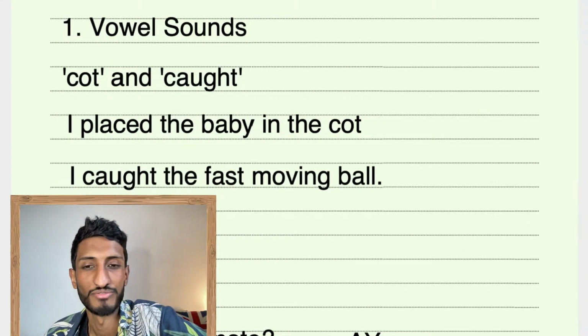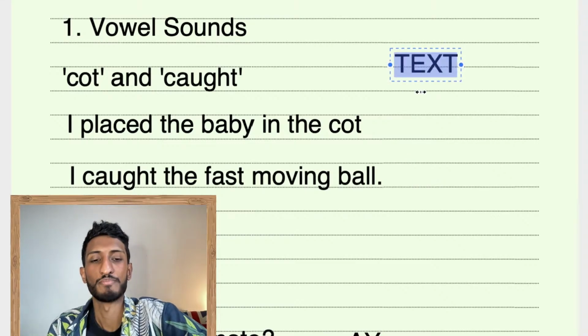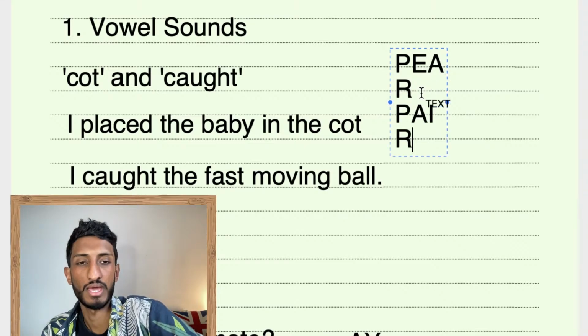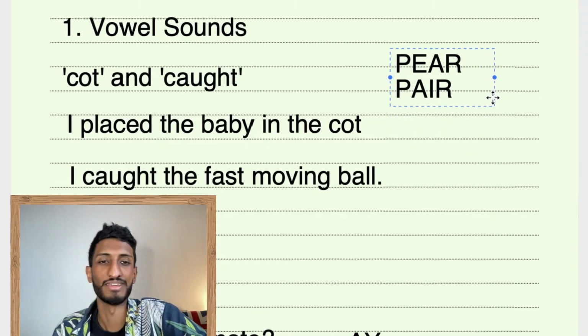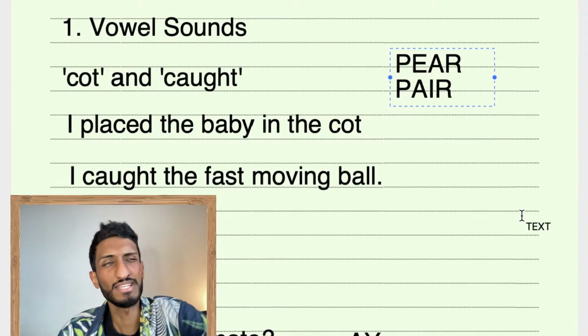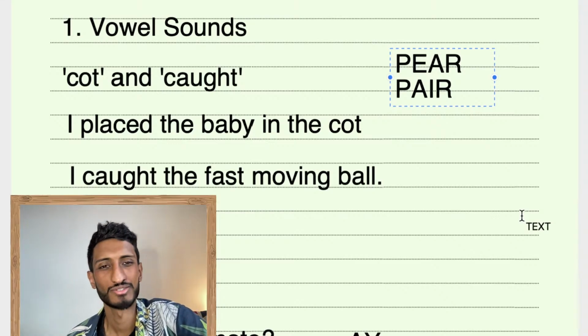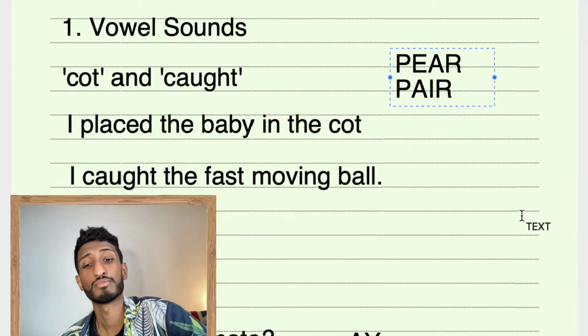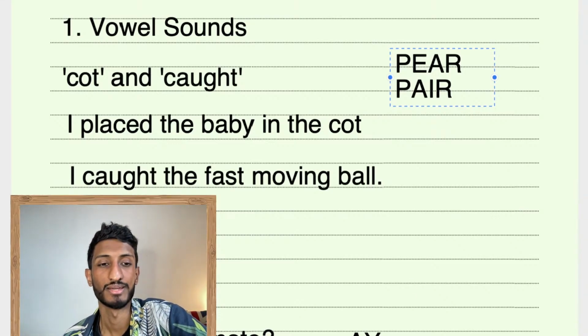Okay, let's go through this one as well. So we've got pair and pear. I guess it would sound the same in the Indian accent too, wouldn't it? There are lots of different words in English which sound exactly the same. We call them homophones, but they have different meanings.